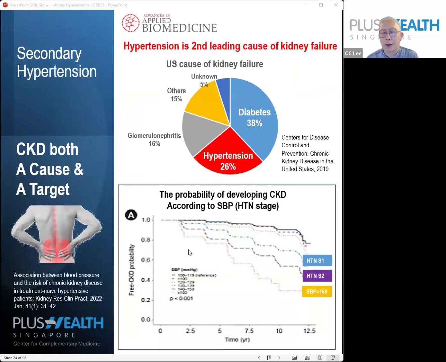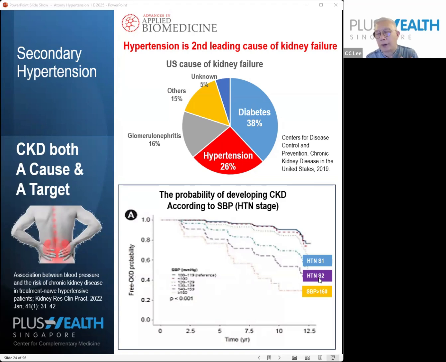And if you look at this chart itself, right? If you suffer from hypertension, especially in stage 1 and stage 2, you can see that the probability of being free from chronic kidney disease drops as your age goes on.